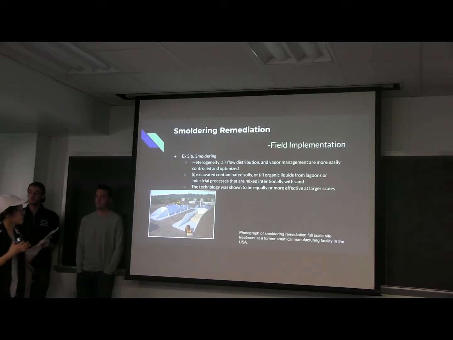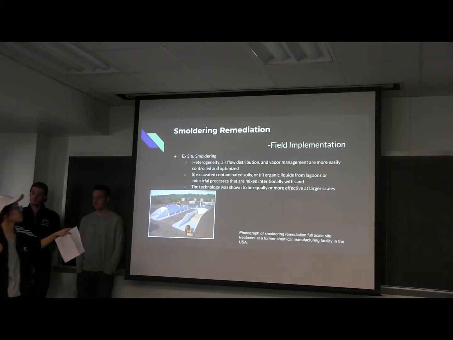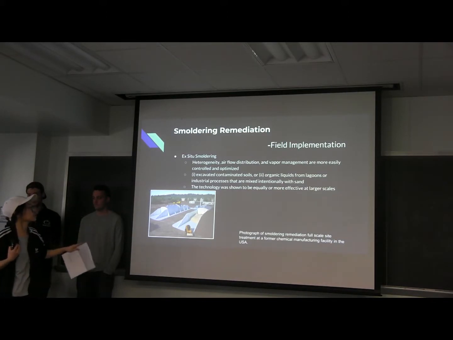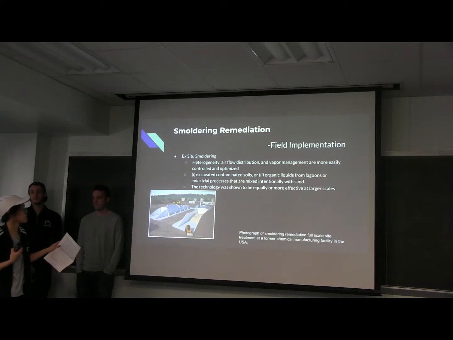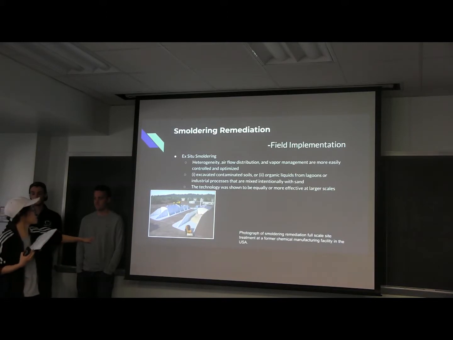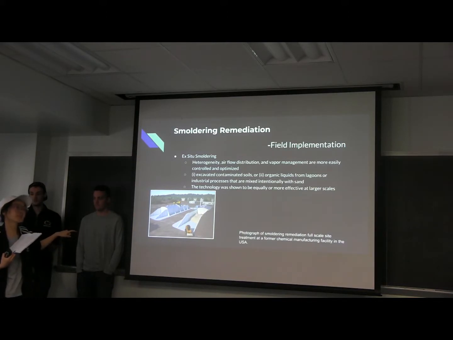The smoldering material can be either excavated contaminated soil or organic liquids from a lagoon or industrial process that are mixed intentionally with sand. The technology was shown to be equally or more effective at larger scales. And this photo is a smoldering remediation at full-scale site treatment at a former chemical manufacturing facility in the United States.